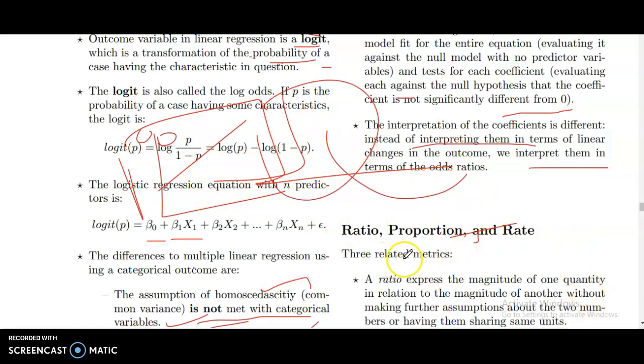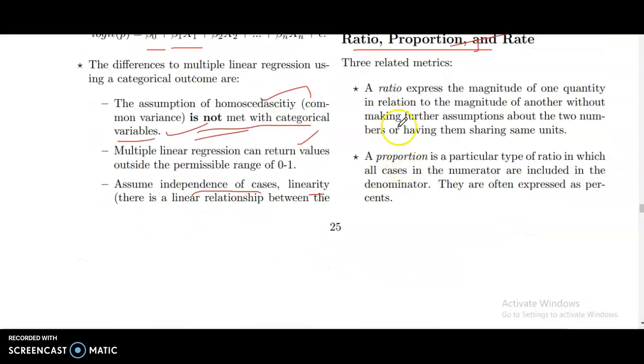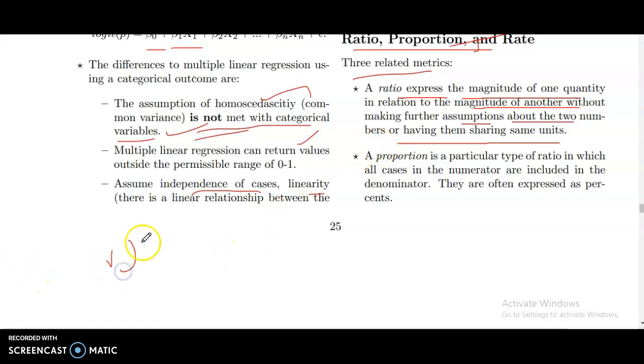Ratio, proportion and rate are three related metrics. A ratio expresses the magnitude of one quantity in relation to the magnitude of another, without making further assumptions about the two numbers sharing the same units.